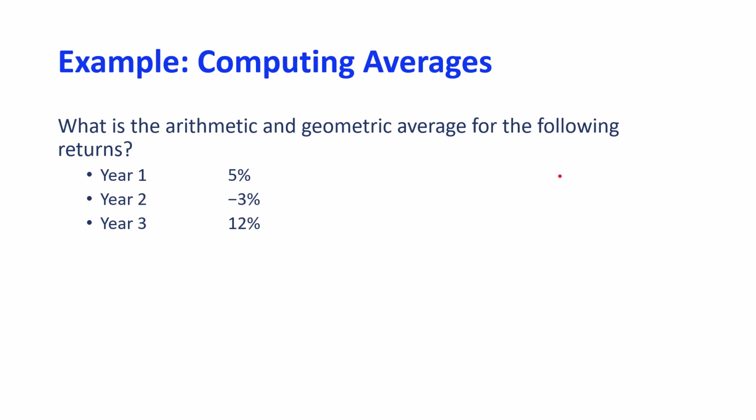Here we have 3 years of return: year 1, 5%, year 2, loss of 3%, and year 3, 12%. We want to know what the arithmetic and geometric averages are for these years. Arithmetic average is easy. You just add them up and divide by 3.